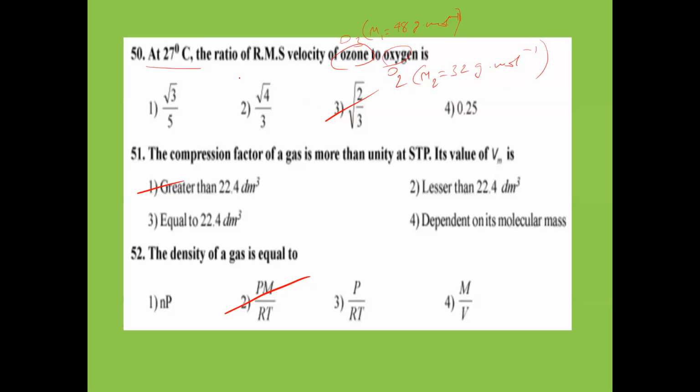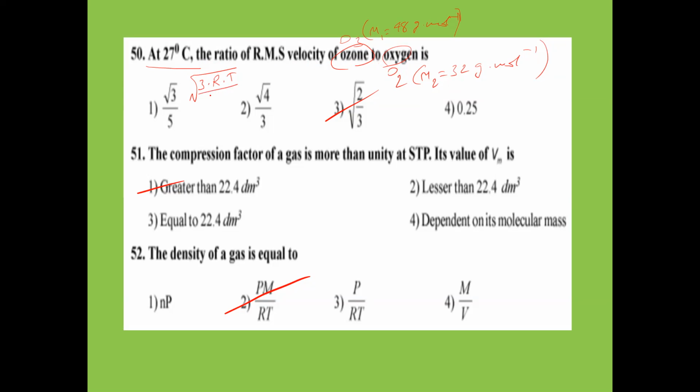Next, at the given temperature, both gases have the same temperature, but the molecular masses are different. We need the ratio of RMS velocity of ozone to RMS velocity of oxygen. So RMS velocity of ozone first: square root of 3RT by 48, divided by square root of 3RT by 32, where T is the same for both gases.